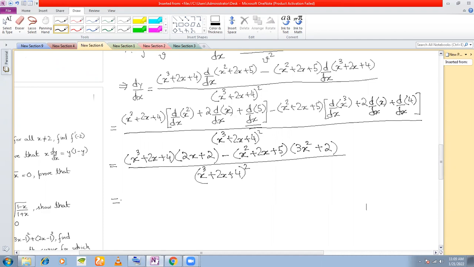So now here we would like to multiply everything and then express the answer in a proper manner. Okay, so how do you multiply here? See that you are getting x cube plus 2x plus 4 here and x square plus 2x plus 5 here, right? So what you can do here is you can multiply directly.